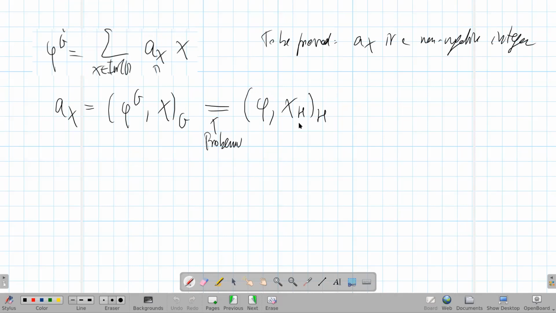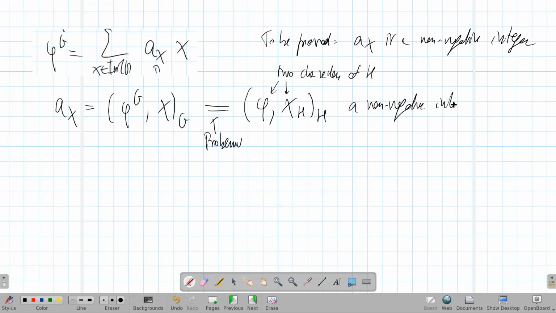And so this is the inner product of two characters of H. And so this is a non-negative integer.